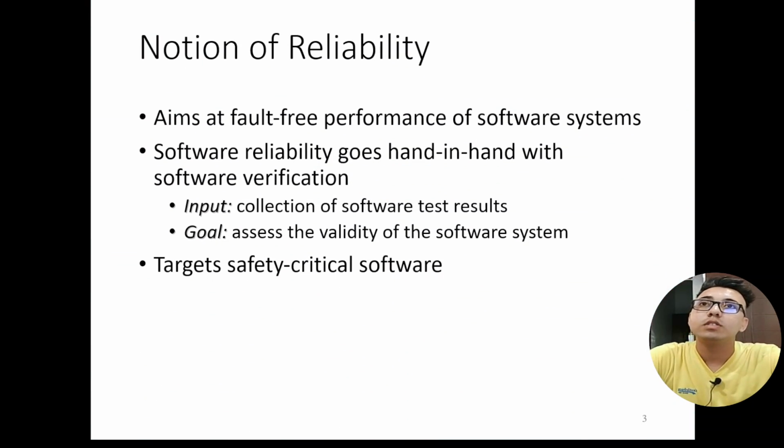So what is the notion of reliability? It aims at fault-free performance of software systems. Software reliability goes hand in hand with software verification. The input is a collection of software test results, and the goal is to assess the validity of the software system and target safety-critical software.